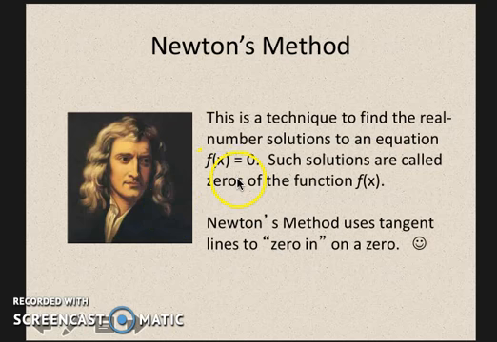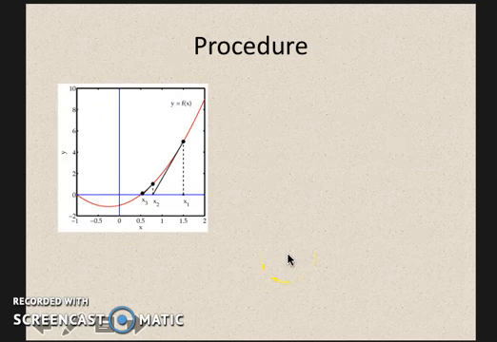Newton's method uses tangent lines to zero in on a zero. So here it is, if you have a graph, on the graph you have to make an initial guess.